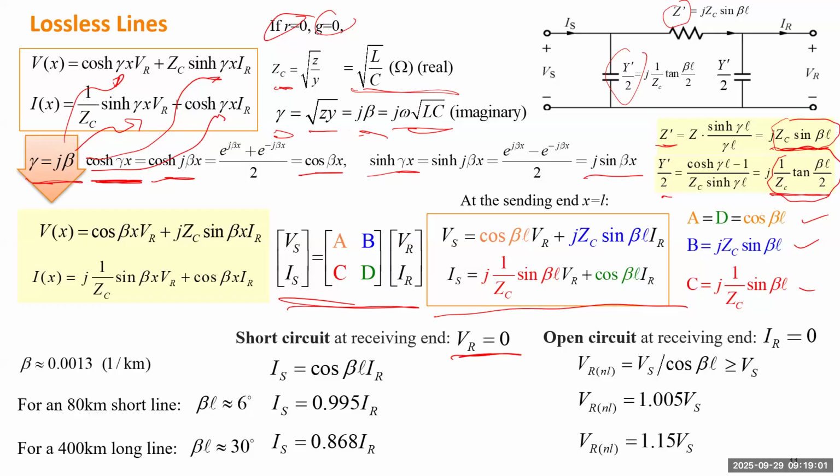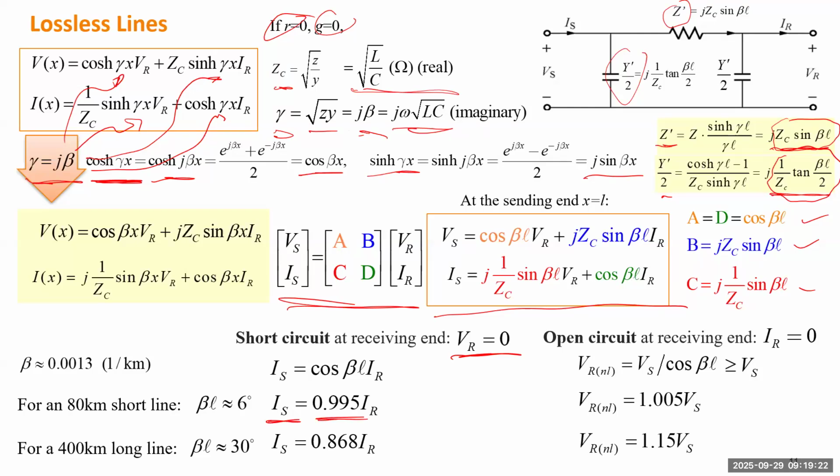So the conclusion is, definitely when you have short circuit at receiving end, the short circuit current due to the fault can be very high. That high current will also impact the current on the source. So if you don't disconnect the line, this fault current will impact the source.